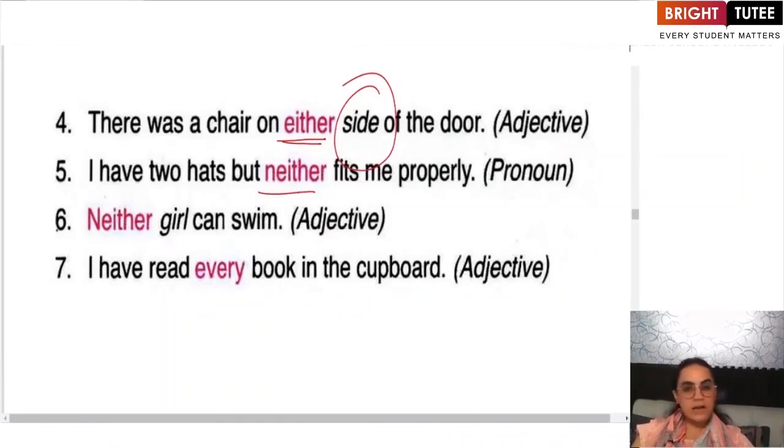Neither does not have a noun next to it, so it is a pronoun. Neither girl can swim, but here neither has a noun next to it, so it is an adjective. I've read every book in the cupboard. Every is used along with a noun, book, so it is an adjective. So this is how, dear students, we are going to differentiate between an adjective as well as a pronoun.